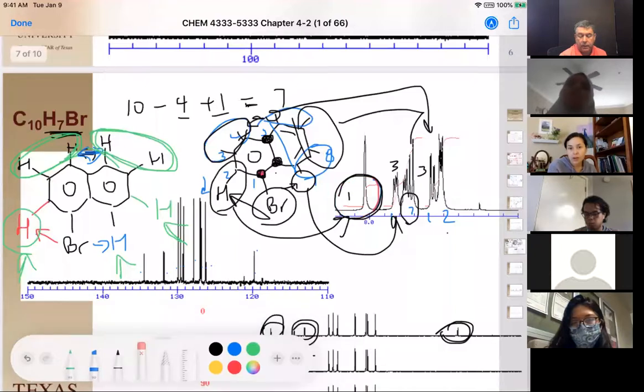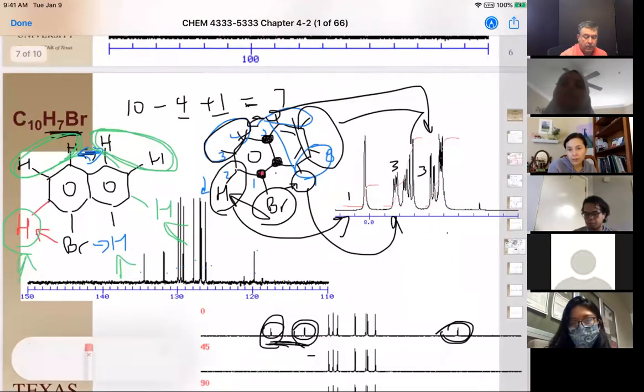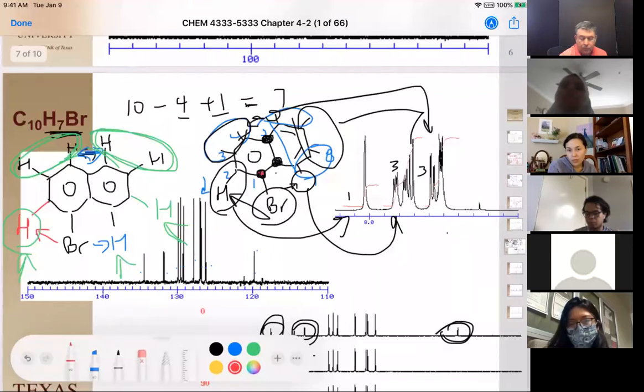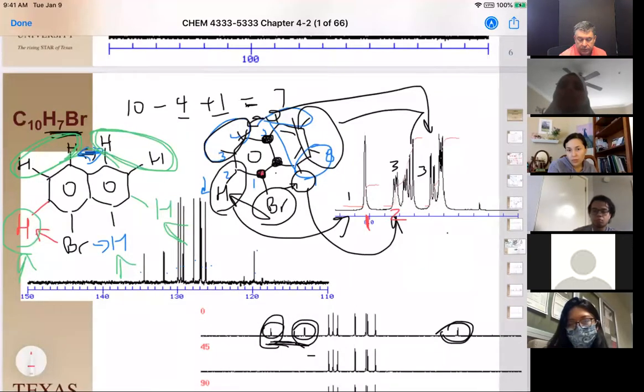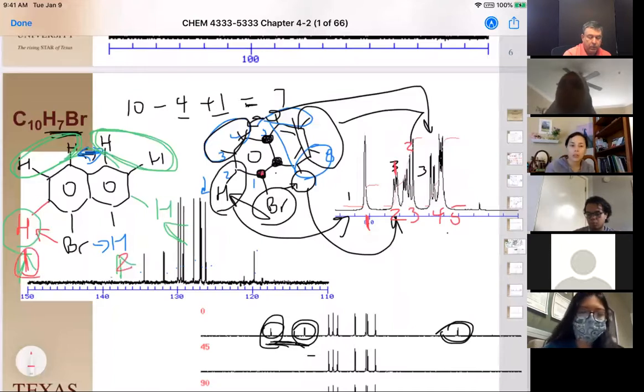And if we go to our NMR here, we have one signal, two signals, that would be three, because I'm calling this a 1 and a 2, 4, 5 signals. So 1, 2, 3, 4, and 5.